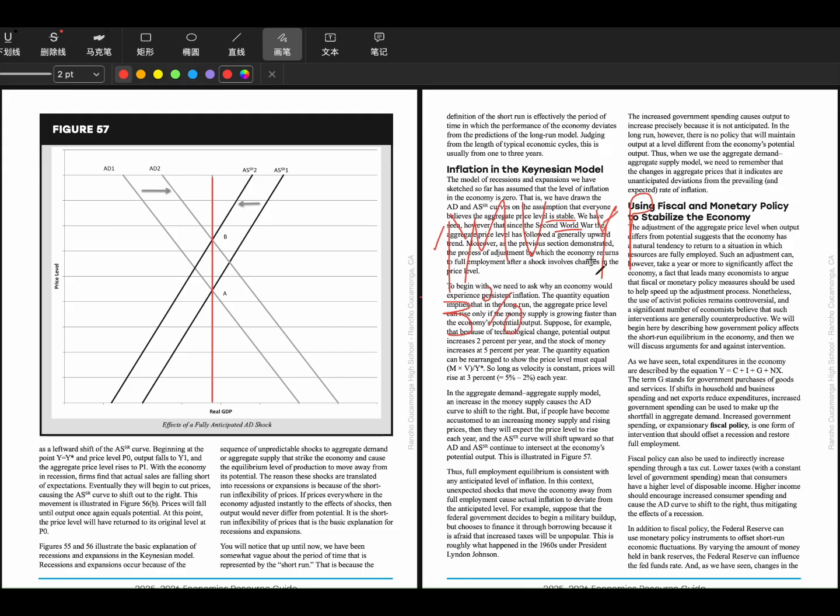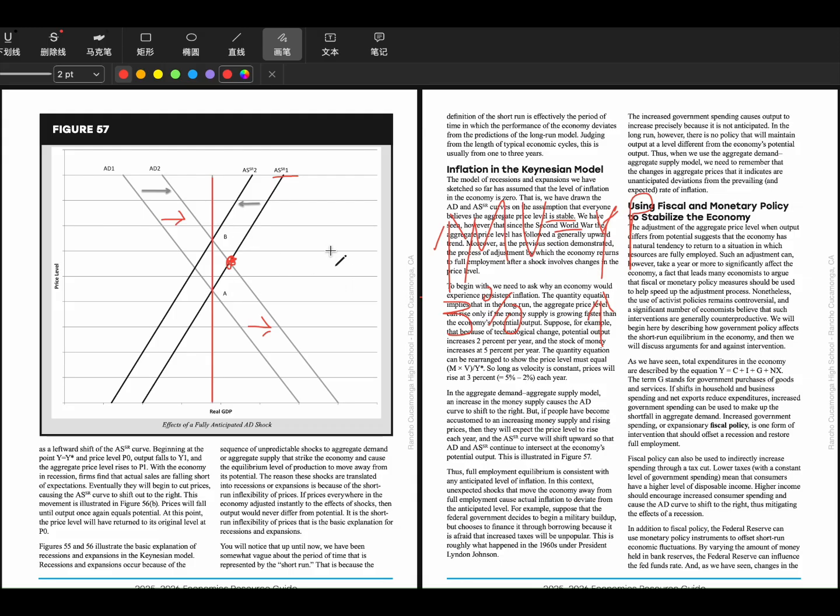Now let's say you didn't expect this, therefore the price did not change at this current moment. The aggregate demand, as we have seen, because you give people more money, they're willing to buy more. Therefore, now since they're going to intersect at this point, notice that this is the first ASSR, so they're now going to intersect at this point. Y actually increased in this instance. The Y has increased, which is the output. The output actually increased because of the money supply increase in the short run. But notice that's in the short run.